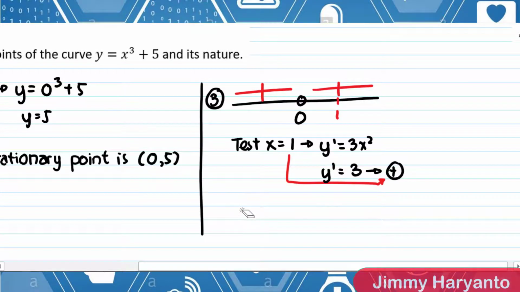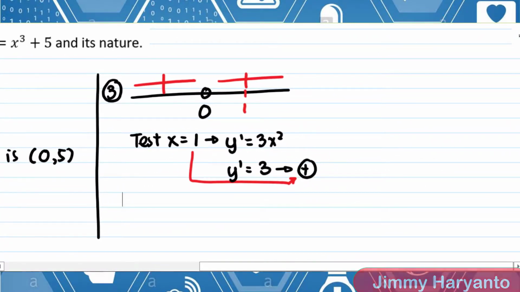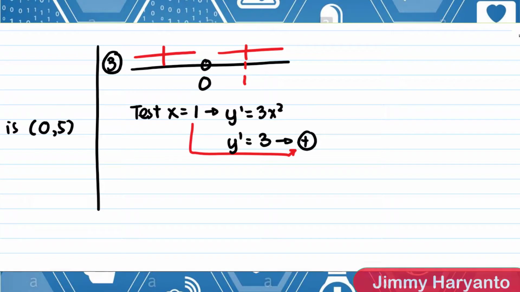Okay, so we have positive area for both sides. That means there are no changes in increasing or decreasing, and that also means the nature of this stationary point is an inflection point.